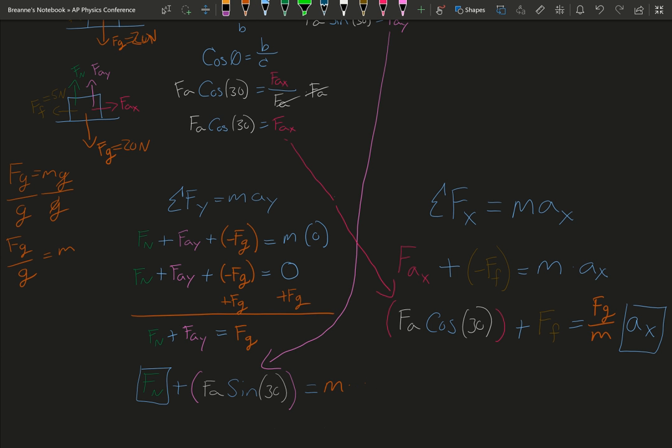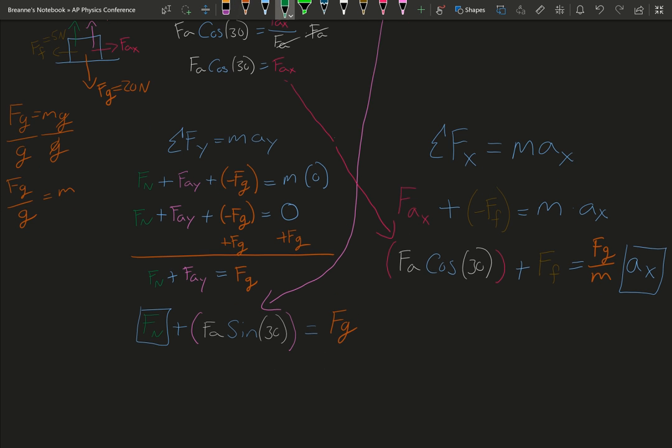So there's no point of simplifying our force of gravity here because I gave us our force of gravity. So we could have just left it force of gravity since I gave it to you already. Okay, so let's just solve for our force of normal. So force of normal, we're leaving alone because that's what we're looking for.